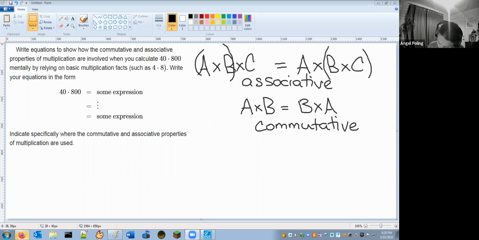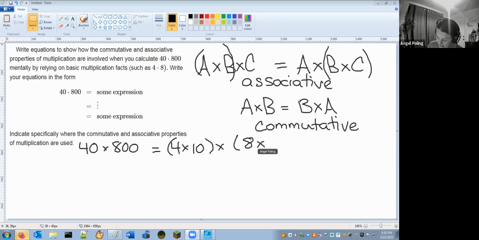Okay, so what we did though was 40 times 800. I first had to split it into 4 times 10 times 8 times 10 times 10 in my head. Maybe I left it 100. I don't really know. And then I moved the 8 and this 10, right?